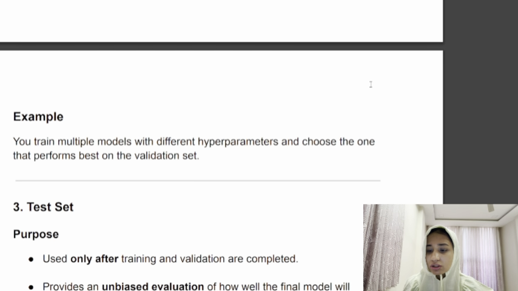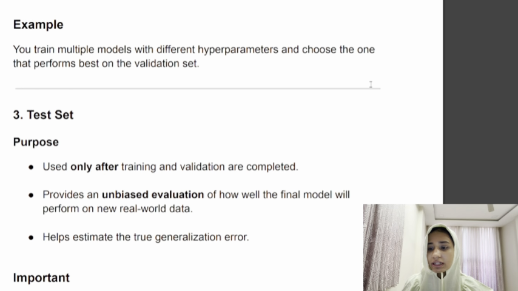For example, you train multiple models with different hyperparameters and choose the one that performs best on the validation set.